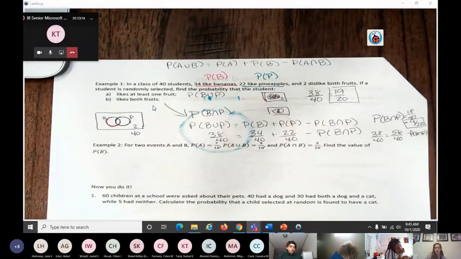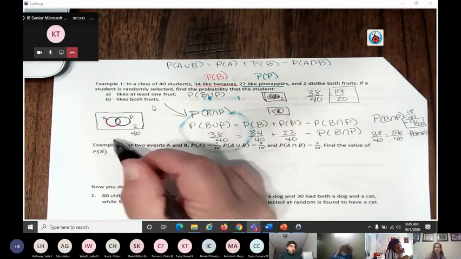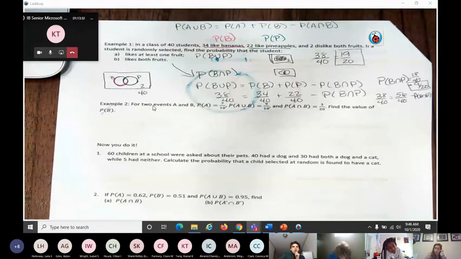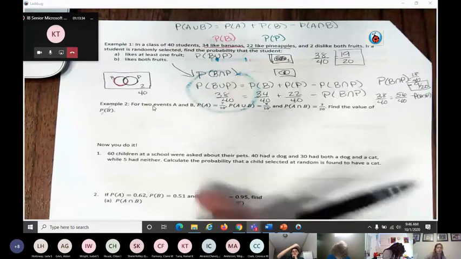Okay. Obviously, we don't have time to do example 2 right now, but you guys are welcome to go through and do it. And then there's some you-dos at the bottom. You don't have to try example 2 if you don't want to, but at least try these 3 you-dos, or actually there are 5.